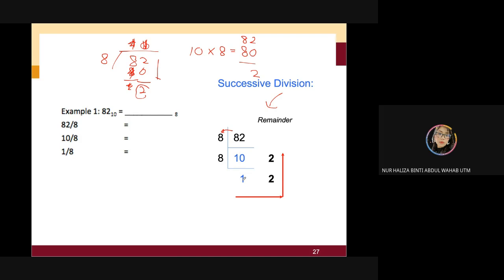So you will get the answer 122. It is not one hundred twenty-two, because it is base 8. You cannot call it 100. It's supposedly 122 base 8.